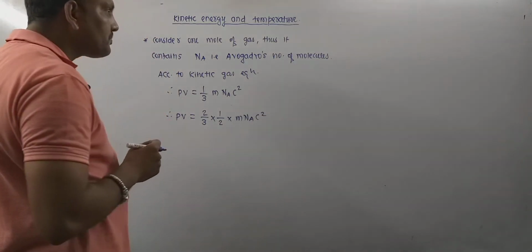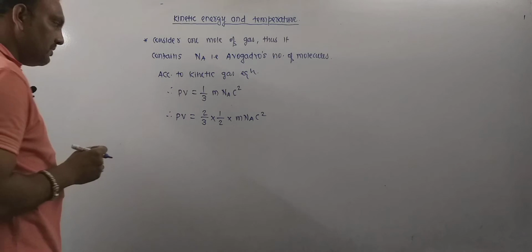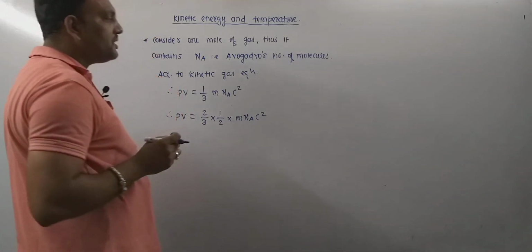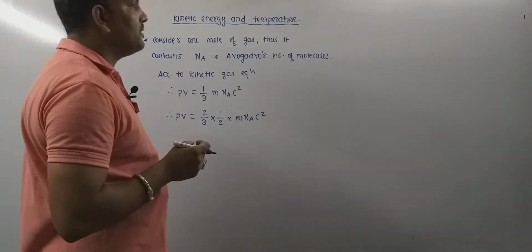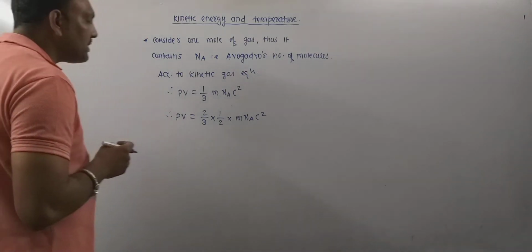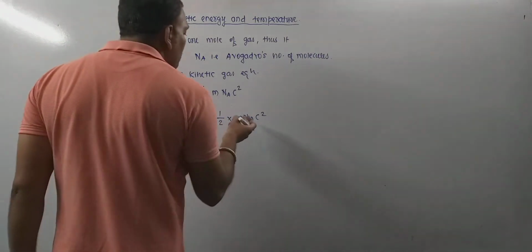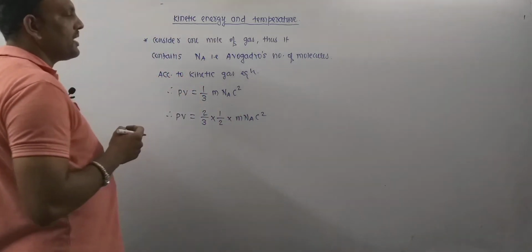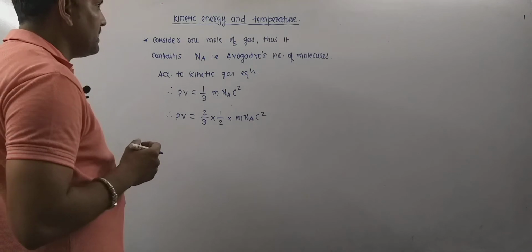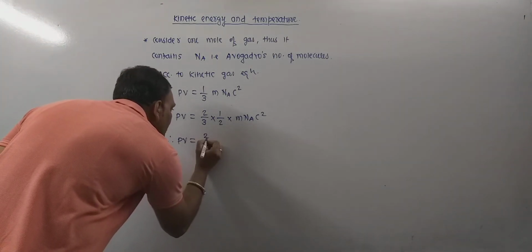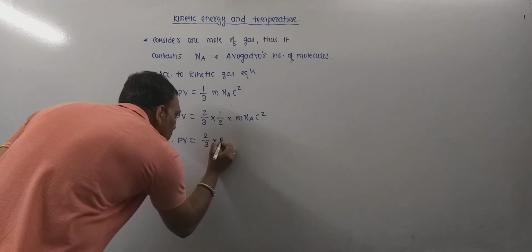Now we know very well that half mc square is nothing but the translational kinetic energy for 1 mole, as we are considering 1 mole of gas. Thus clearly this can be given as PV equals 2 by 3 into E.